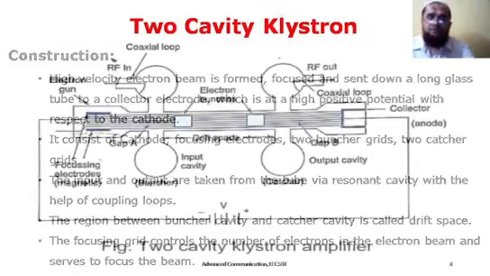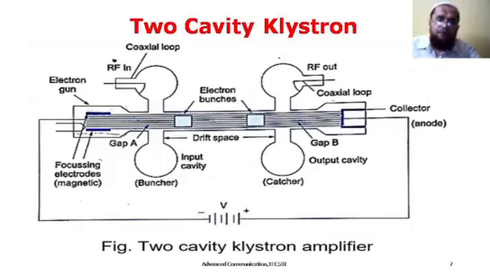As you have seen in the figure, the anode is provided with high positive potential, so it acts as a collector for the electrons. It is waiting for electrons, and as soon as they come, it catches them.